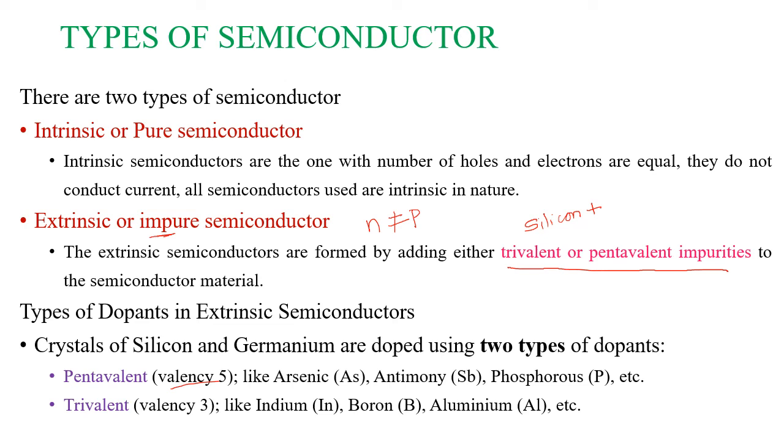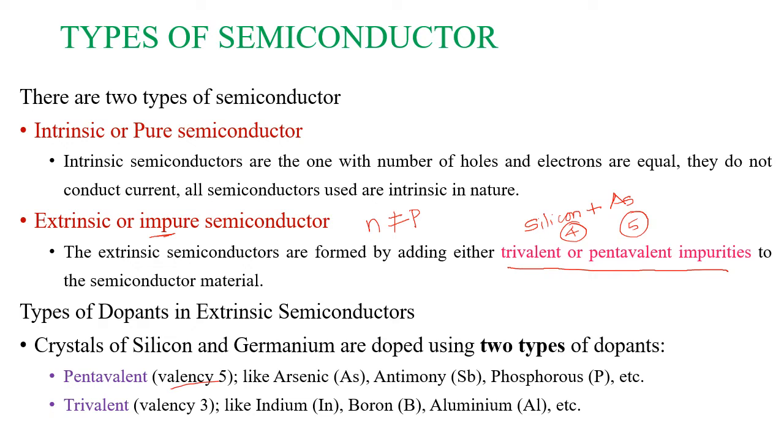Silicon has 4 valence electrons. So if you add 5, for example arsenic, which has 5 valence electrons, then the number of electrons and number of protons may not be equal, and it will become an impure semiconductor or extrinsic semiconductor.